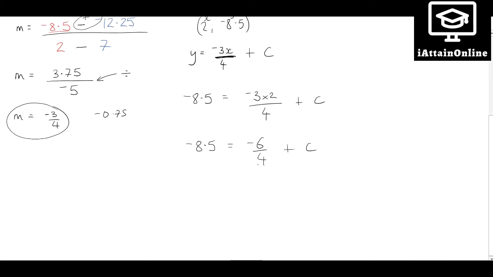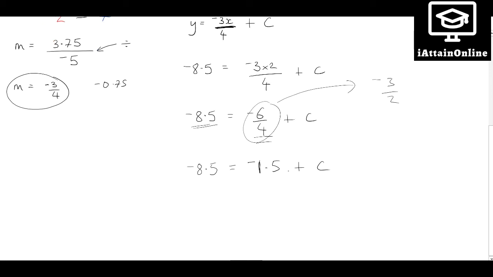Now I want to get rid of this. As this is a decimal, actually, I might put this into a decimal as well. It might be a bit easier to work with. Negative 8.5 is equal to negative 1.5. 6 divided by 4, which is the same as negative 3 over 2, which is 1.5. And then we're going to add c to that.